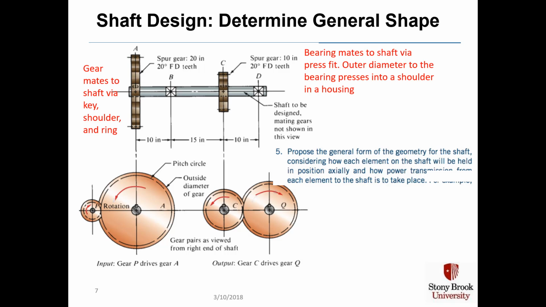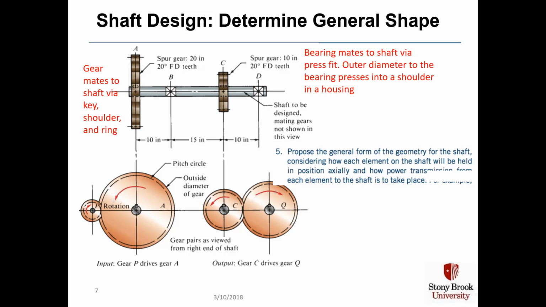In this case it says, for example, the input gear P drives gear A. So if gear A is the driven one, that's going to tell you where the tangential load is going to be on that shaft for gear A. In this case, because the pinion, which is not on the shaft, is rotating clockwise, if you were to go to the shaft up on the top, you would actually have a tangential load pointed down as far as your free body diagram goes.